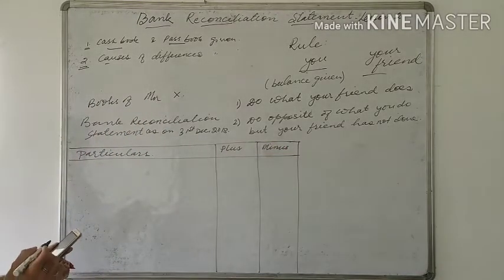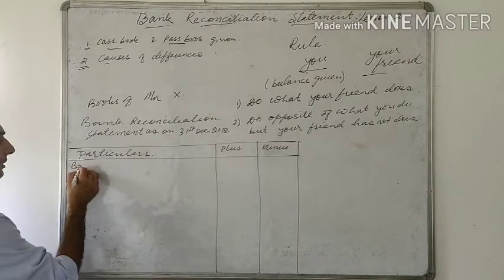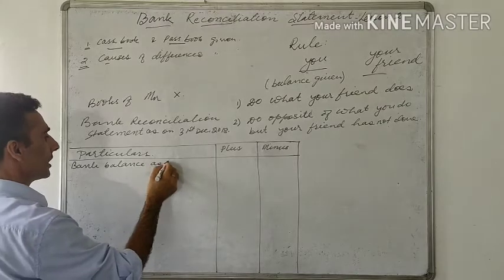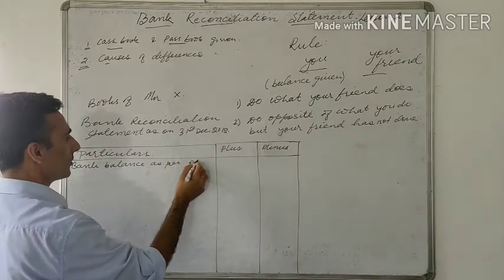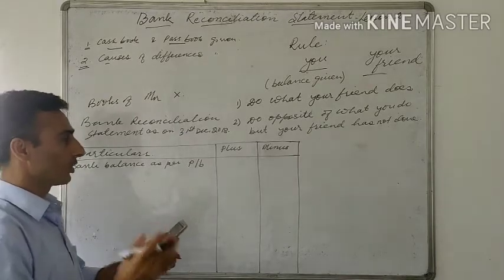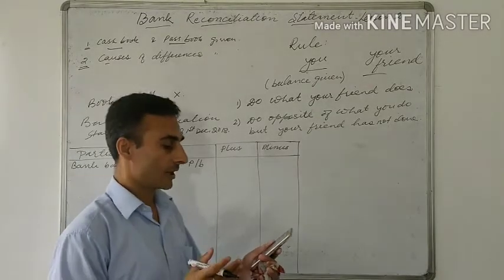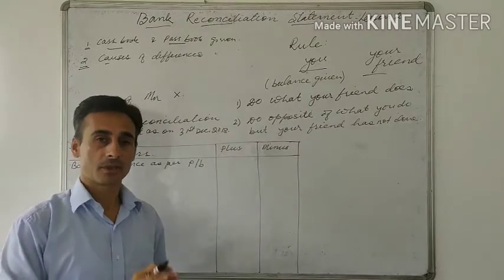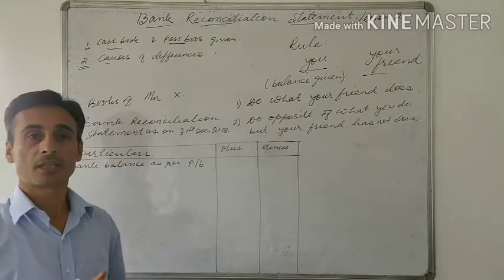What is given to you here is bank balance. So we'll write down here bank balance as per passbook. What is the amount? Passbook 2000 is there. So whether it is a debit balance or credit balance is not known. Whether it is a favorable balance or unfavorable balance, nothing mentioned.